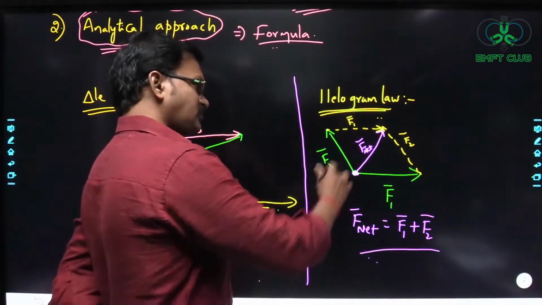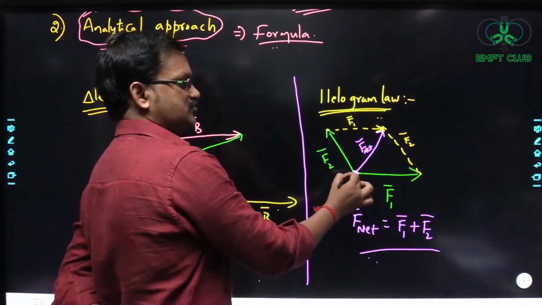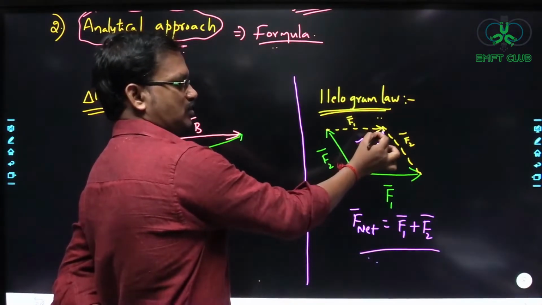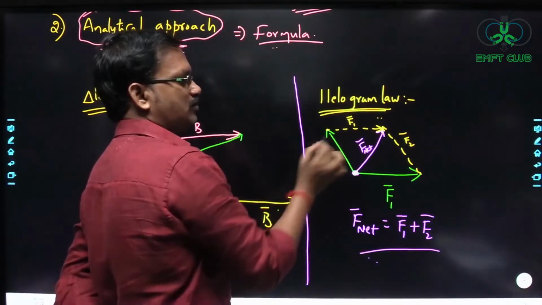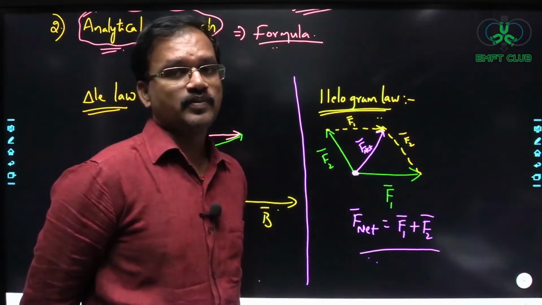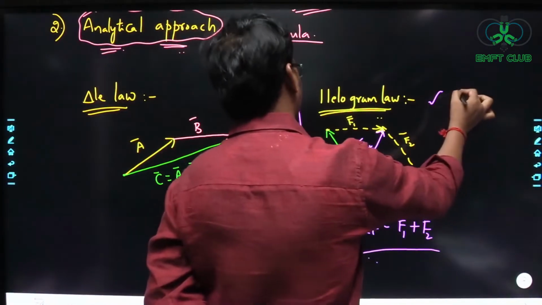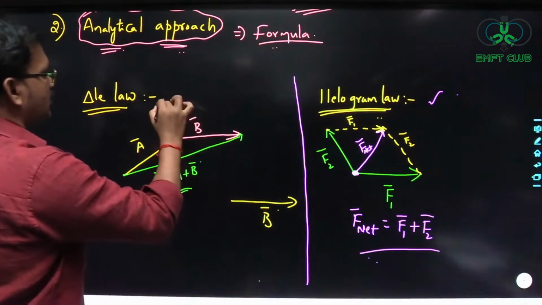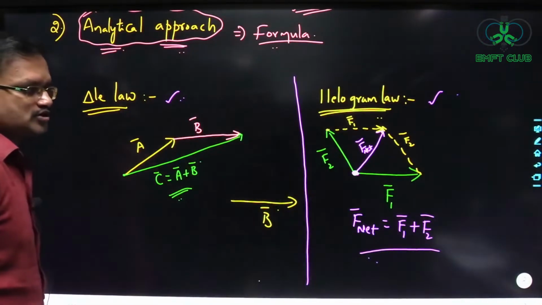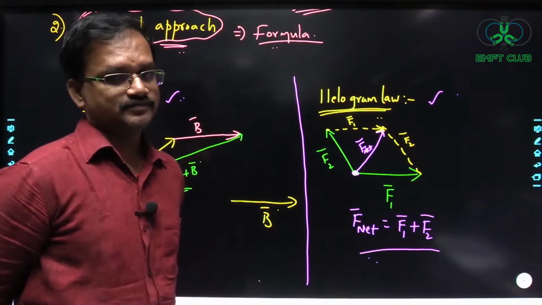Then draw the vector pointing from this junction to this point, which gives you the net force, equivalent to F1 bar plus F2 bar. So this is the parallelogram law of addition, the graphical approach to add any two vector quantities.